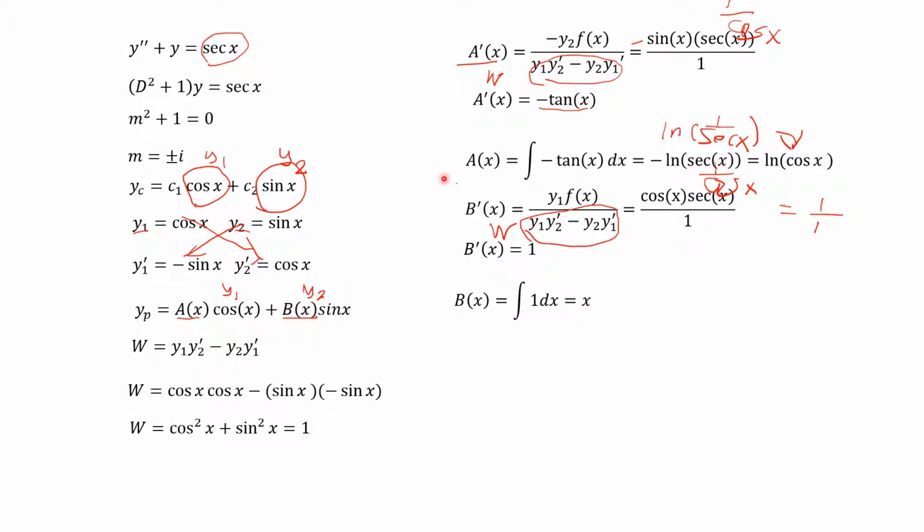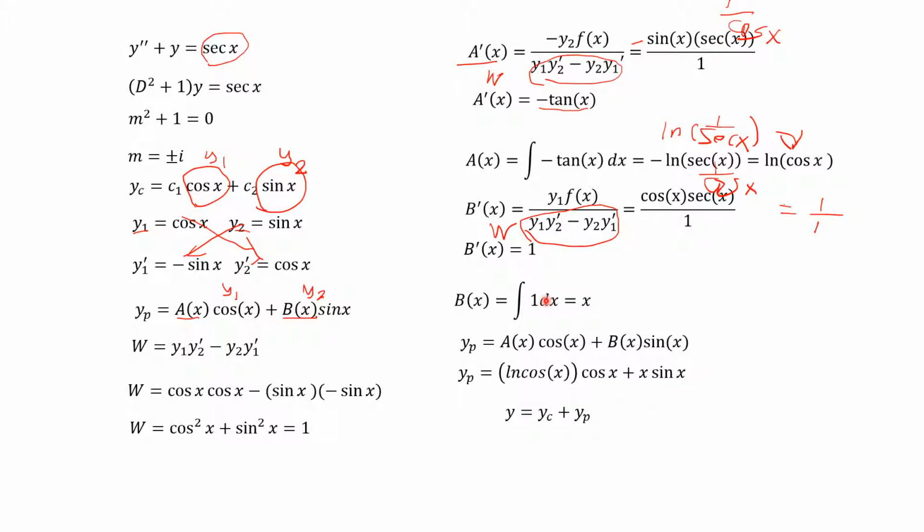You know already a of x, you know already b of x, and your particular solution is this one: a of x cosine x plus b of x sine x. Just plug in a of x and b of x. Your a of x is ln of cosine x here times cosine x, and your b of x is x times sine x.